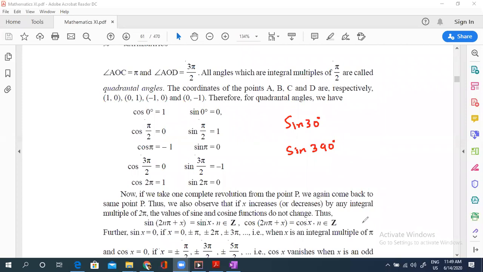My question is, what will be the value of sine theta, sine 90 or sine 390? Will they be same or different? Just think about it.